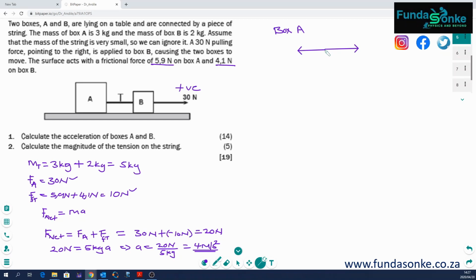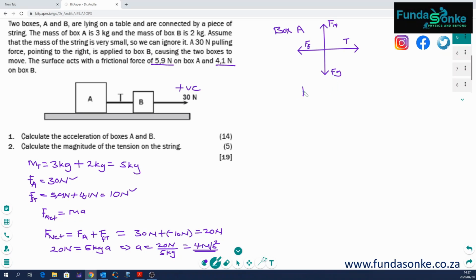Let me just complete this free body diagram, because we're also going to have the weight of the object acting downwards, and then upwards we'll have the normal force. I'm going to add labels to it. So this is T for the tension of the string pulling box A. Then this side will have our frictional force Ff. Then you have got the normal force Fn. Then you have got the force due to gravity Fg.